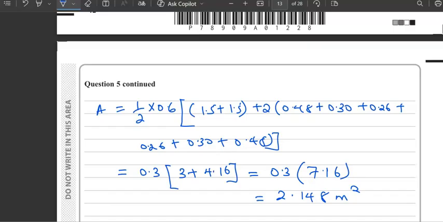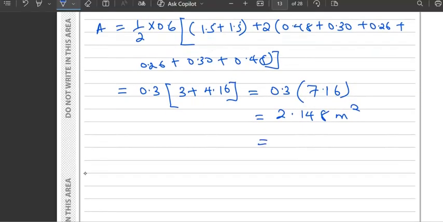Now remember, for pure mathematics 2, all the solutions are supposed to be expressed to 3 significant figures unless otherwise stated, and therefore this is what we are going to have: 2.15 square meters as the area of the curved surface C by the trapezium rule.